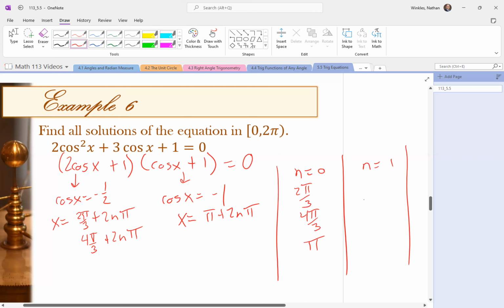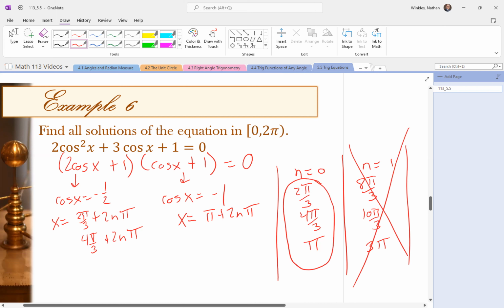For n equals 1 case, so we're adding 2n pi, we get 8 pi over 3, we get 10 pi over 3, and we get 3 pi. All three of these values that we found for n equals 1 are greater than 2 pi. So our only solutions are 2 pi over 3, 4 pi over 3, and pi.